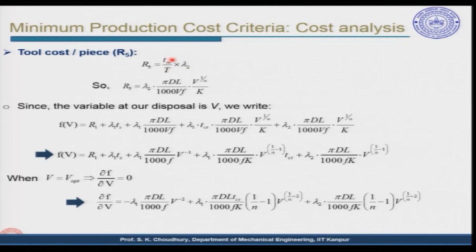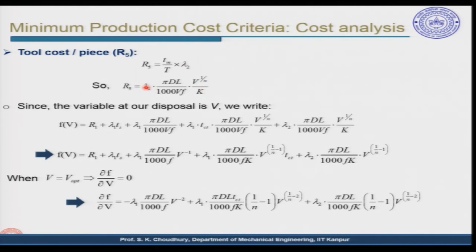So, Tm we found out earlier, that is pi dL by 1000 Vf. The value of T we found out as k divided by V to the power 1 by n. So, here it will be V to the power 1 by n by k, and that has to be multiplied by the tool cost per piece.